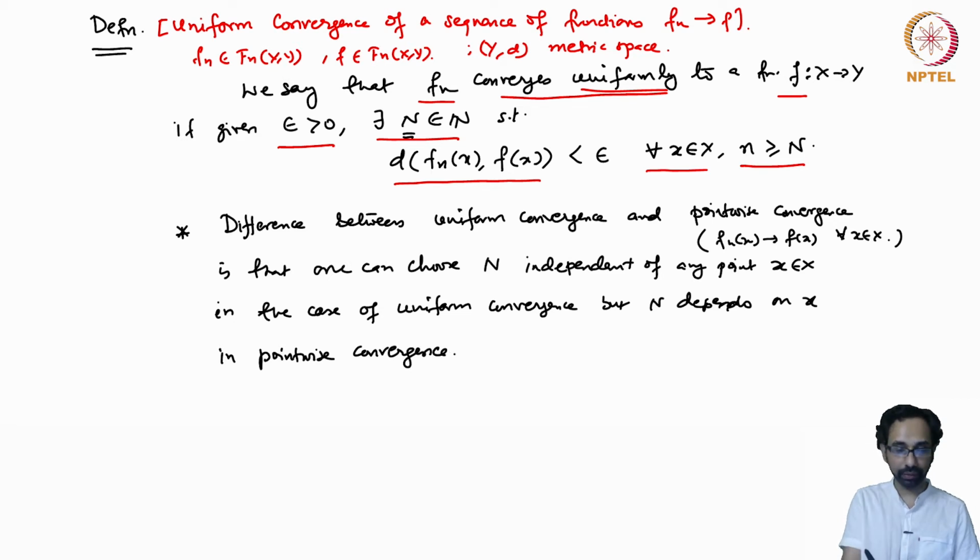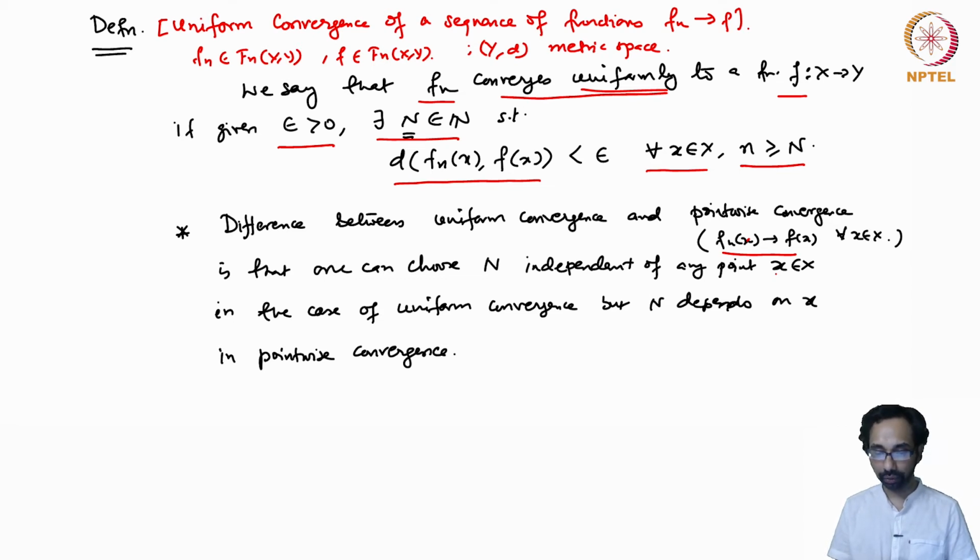So this is the main difference between uniform and pointwise convergence: when you choose a capital N for which your convergence criterion holds, in the case of pointwise convergence, that capital N will in general depend on the chosen point x. So here f_n(x) converges to f(x), you have already chosen a point for the convergence and your capital N will depend on that point.